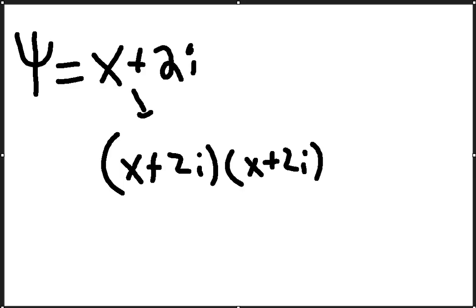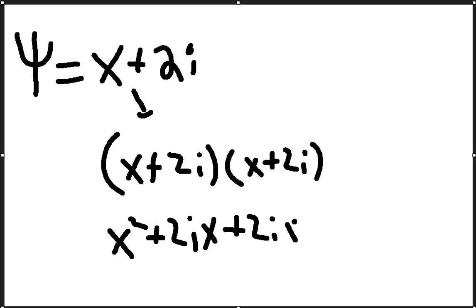If you know how to multiply, this would be x squared plus 2ix plus 2ix plus 4 times i squared. Since i squared is equal to -1, that last term just becomes negative.